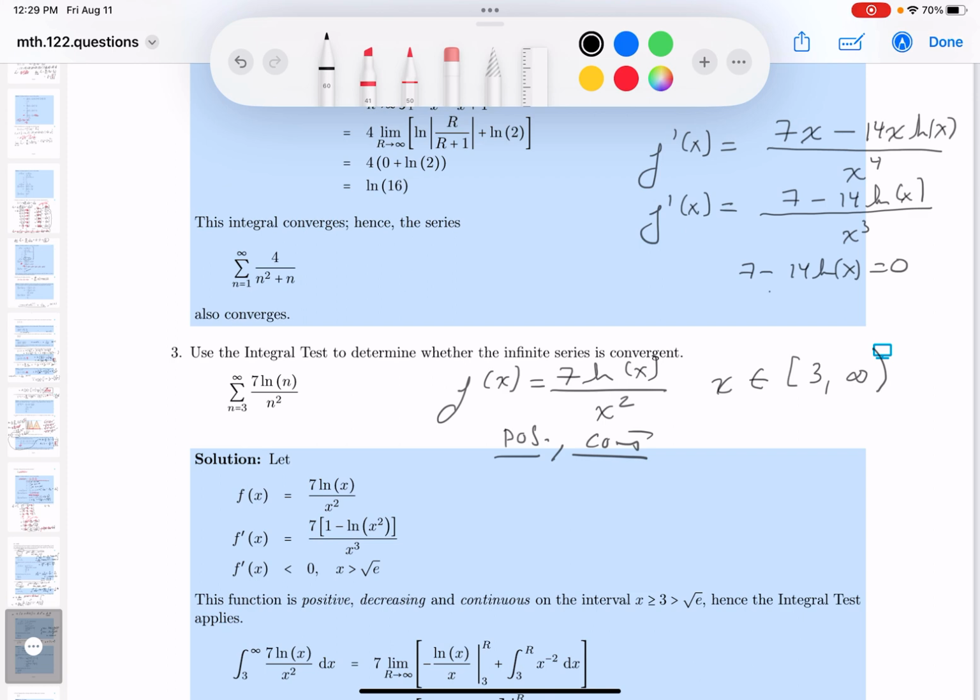And what does it give you? It gives you 7 equals 14 ln x. And then I'd divide by 14, I'd get 1/2 equals ln x. And that would be what? e to the 1/2. And that would be equal to x.